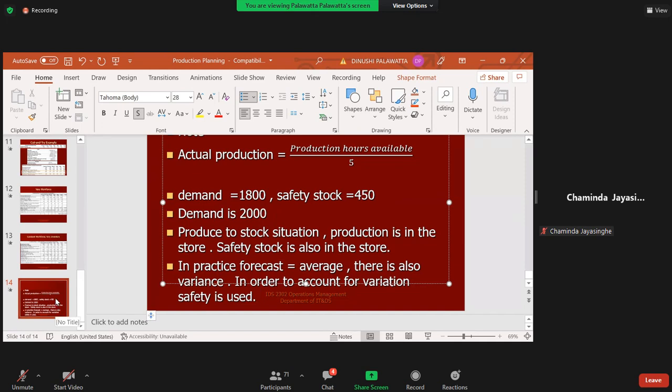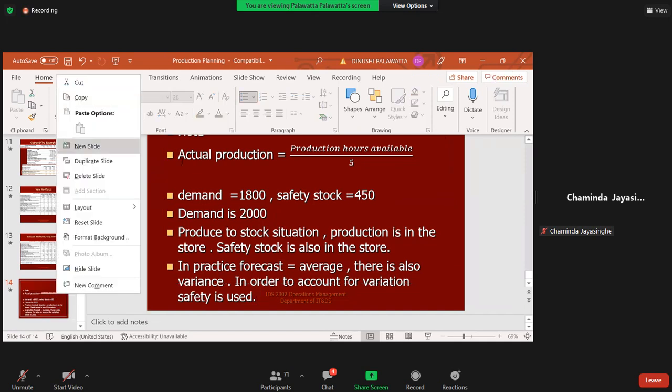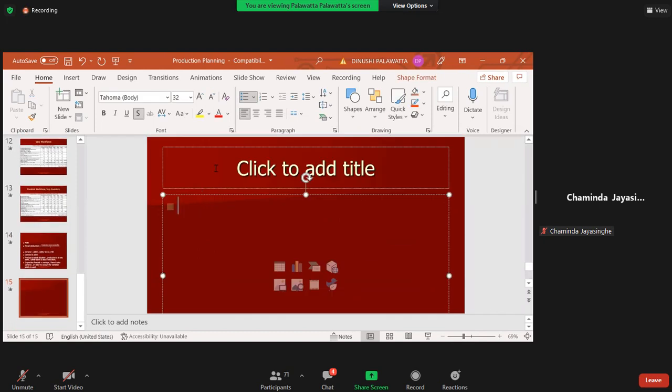Normally, companies keep the recommended approach: you have a safety stock, and then you have reserve stock.